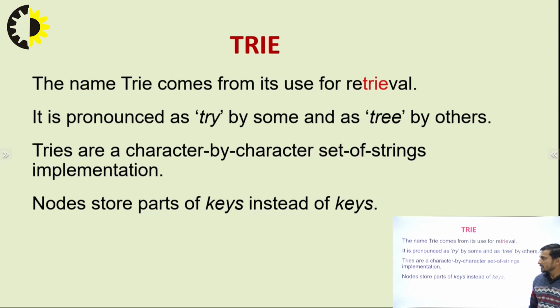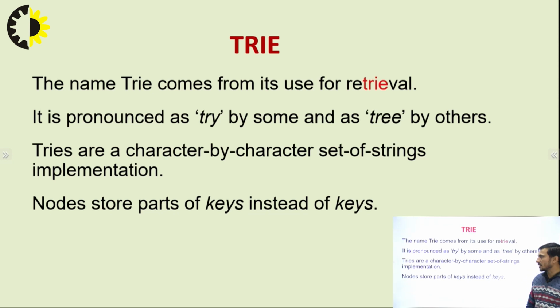Basically this is a character by character implementation of strings. Let's understand what that means. Whenever we store a string, we generally use a data structure like an array of characters or a linked list, storing the complete string in it.